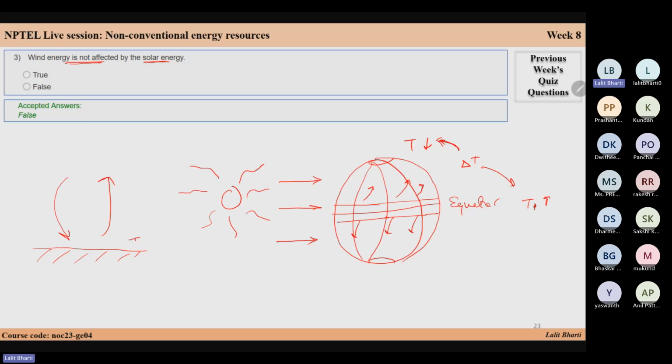Temperature is high here, T high, and T low there, and again you have a delta T. Due to the difference in densities, air will move here and there, and you will get air currents, the wind currents. So basically, wind energy itself is a product of solar energy. The statement is false, since we cannot say that wind energy is not affected by solar.